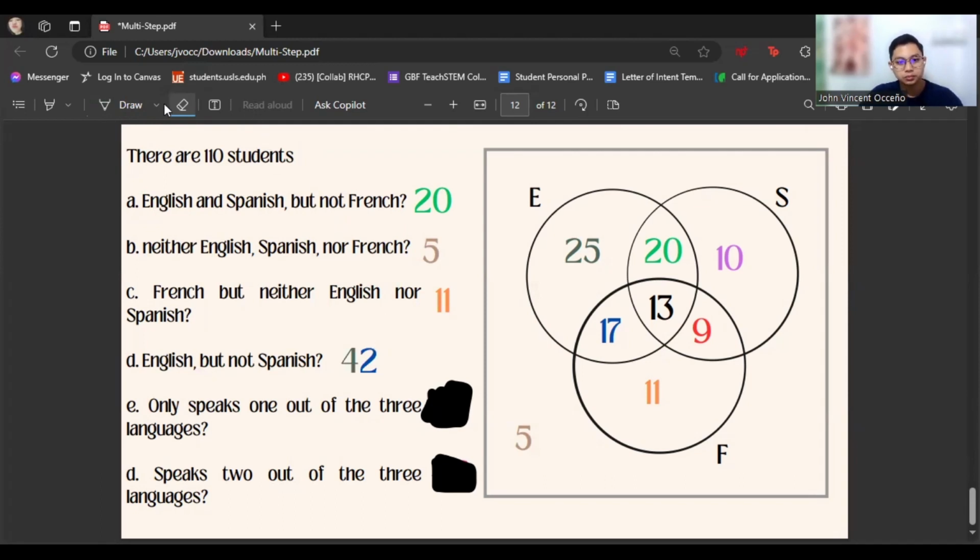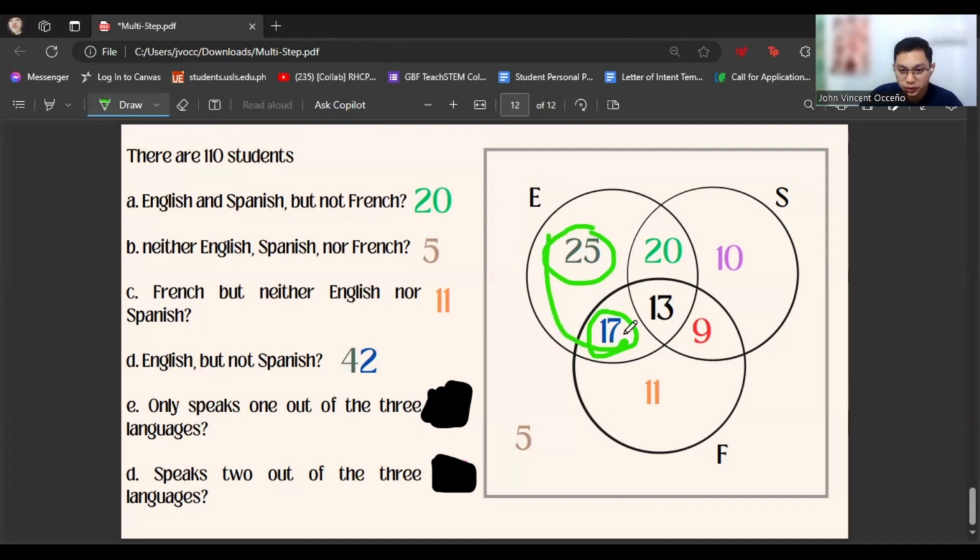So 42, because we included here the students who speak English, and here too, because there are also students who speak English, right? Because it is the intersection of English and French. So there are people here who also speak English, but not Spanish.